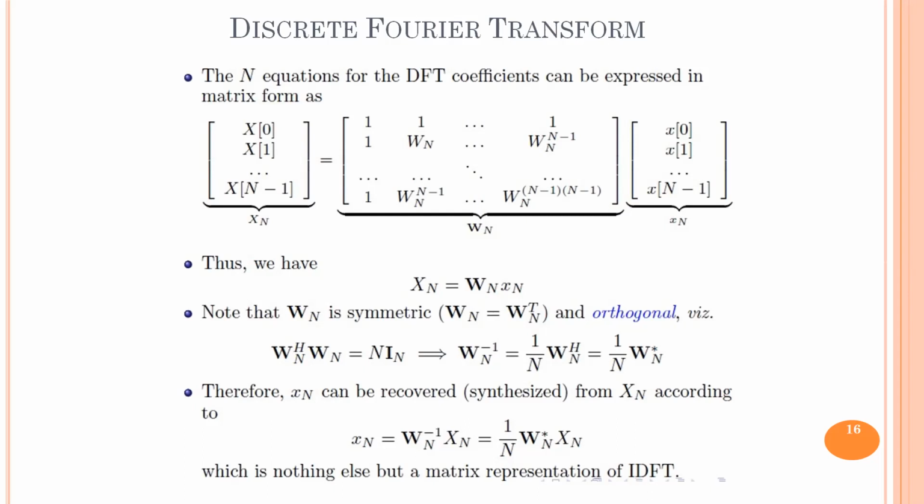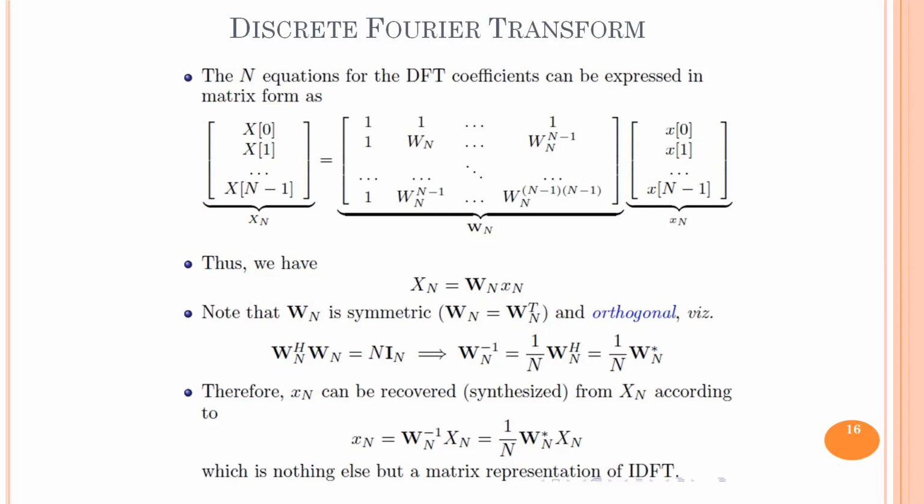The next row is 1, omega N squared, omega N power 4, omega N power 6, which is the multiplied version of 2, and the next row is the multiplied version of 3. In this way we can construct one twiddle matrix.